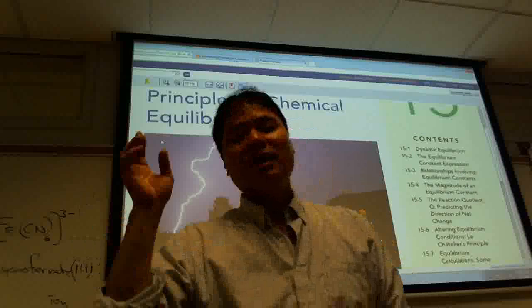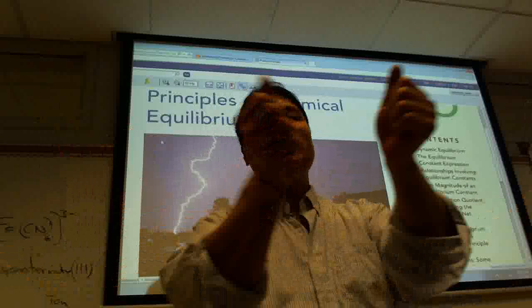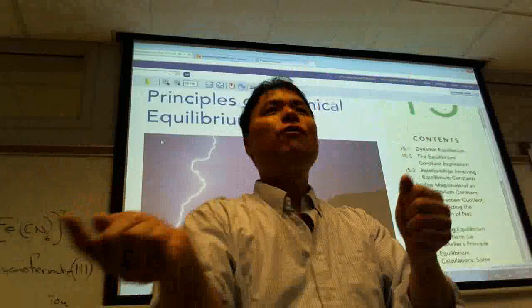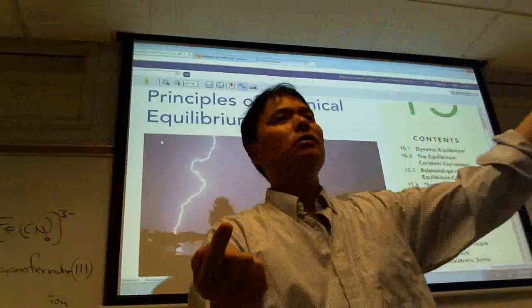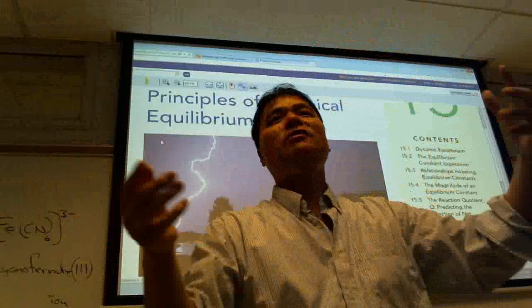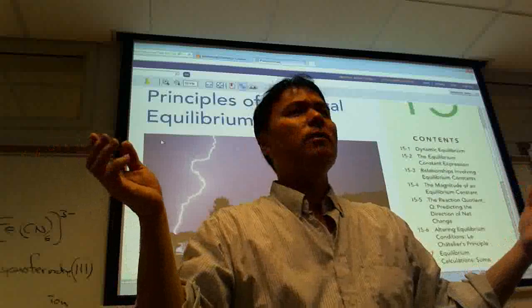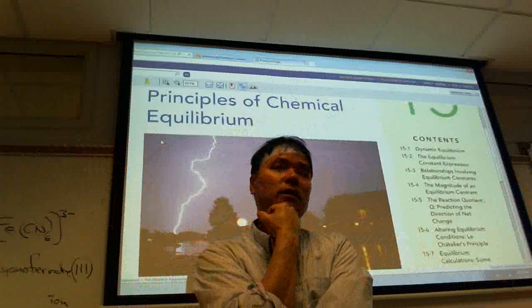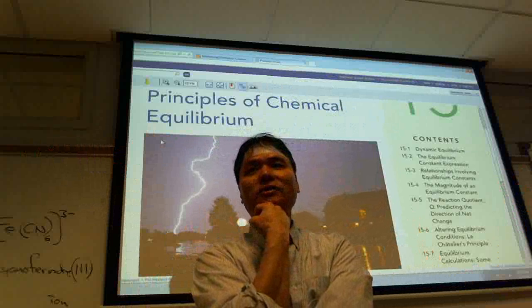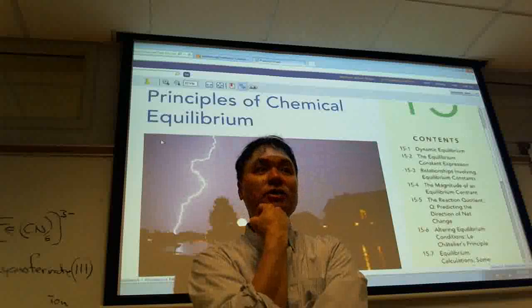That point of dynamic equilibrium is when the rate of the forward reaction is equal to the rate of the reverse reaction, and so there's no further net change. This is our state of equilibrium. We aren't going to form any more product, and we aren't going to react any more reactants. We've reached the end of reaction.